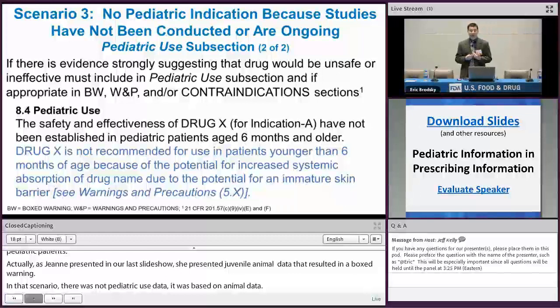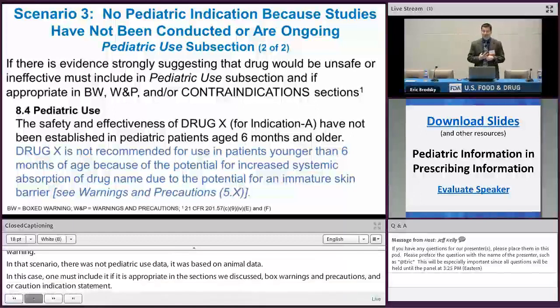And here is an example. Here, the first sentence in black font is a pediatric use statement, that safety and effectiveness has not been established in pediatric patients aged 6 months and older. However, there's additional information about pediatric patients less than 6 months old.